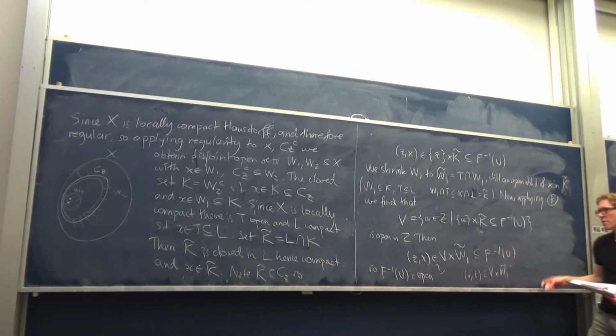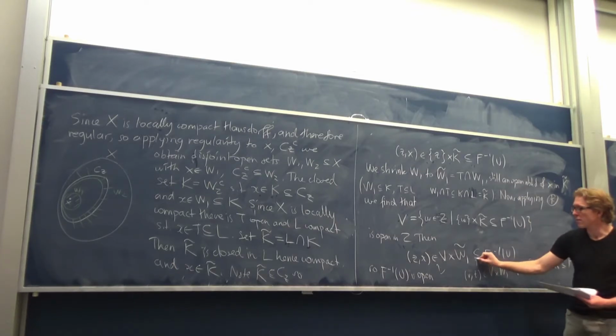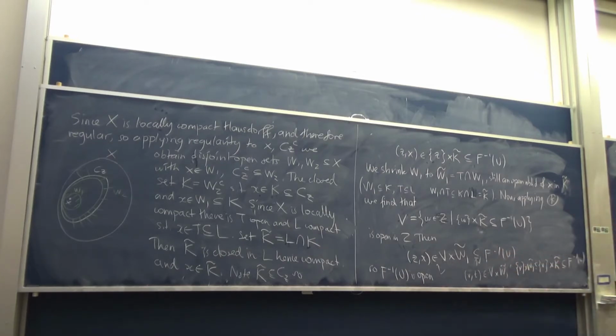So by definition, then, since little v is in V, we have that little v cross K tilde is contained in F inverse U. But W1 tilde is contained in K tilde, so that means that V cross W1 tilde is contained in this, is contained in that. So by construction, that is also true. Okay, so I've constructed an open neighborhood of every point in F inverse U, so that's open.